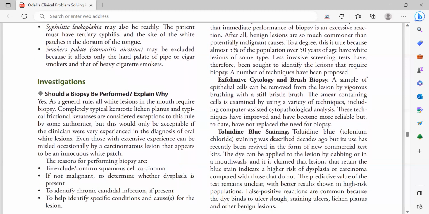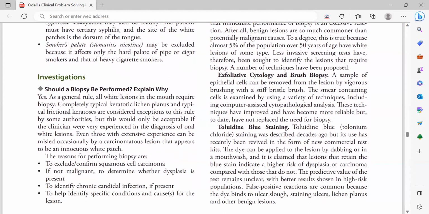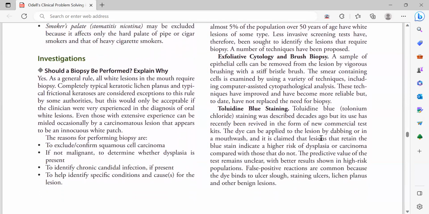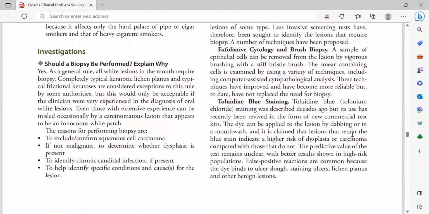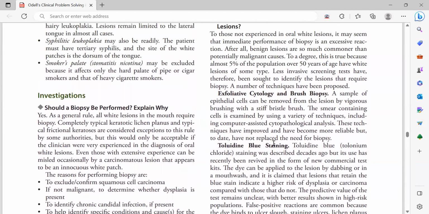The other method is toluidine blue staining, where the dye can be applied on the lesion by dabbing or in a mouthwash, and it is claimed that a lesion that retains the blue stain indicates a high risk of dysplasia or carcinoma. So these are some of the methods that they are telling.